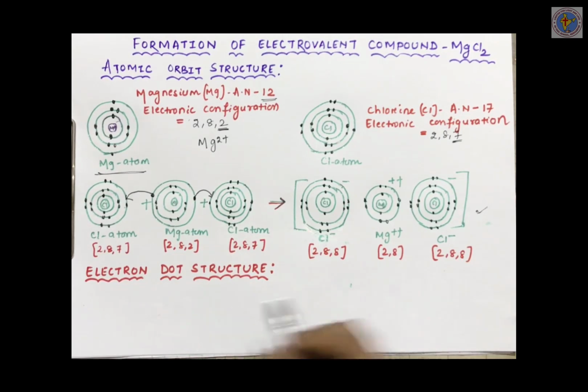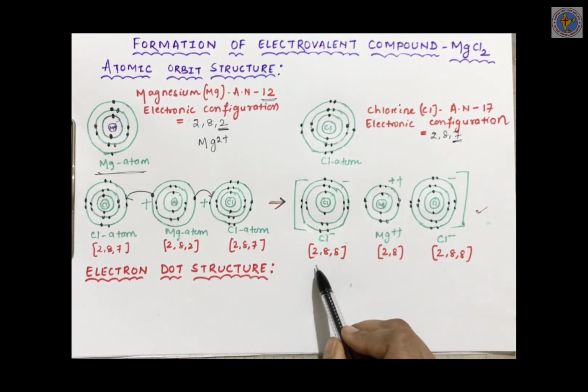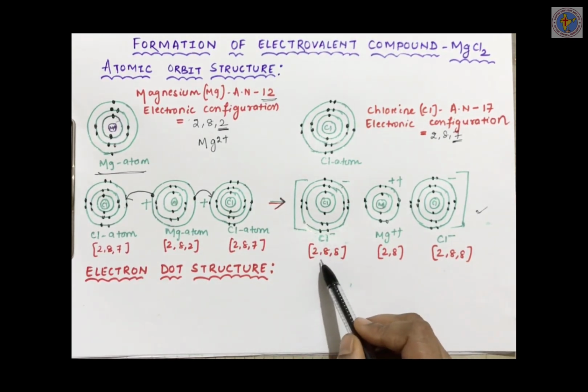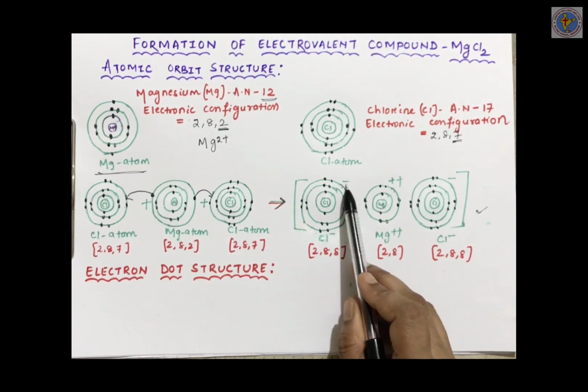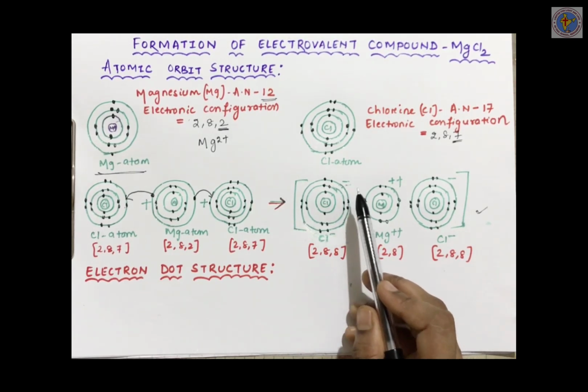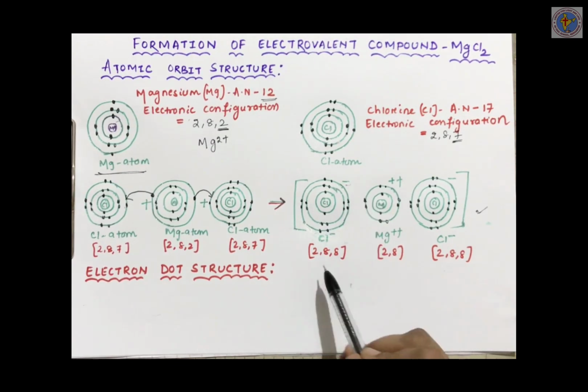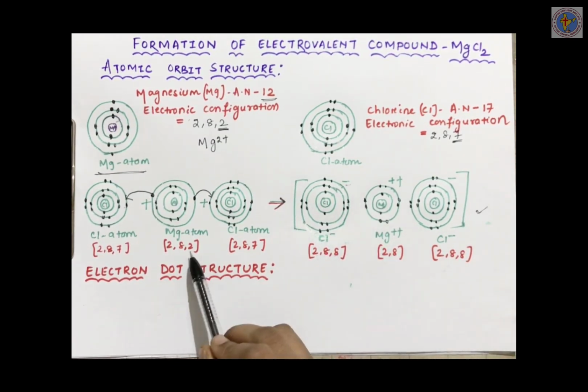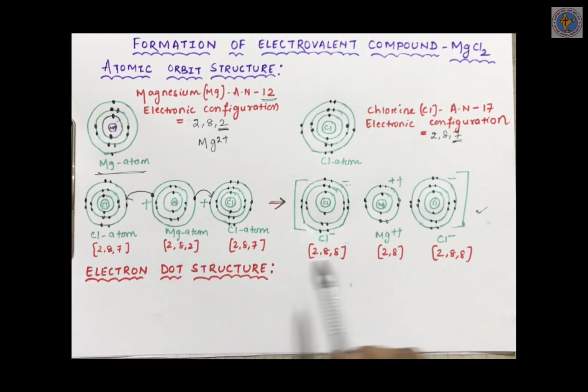See children, here it is written that after getting one electron, the chlorine atom will be converted into an ion. You can see the minus sign here. What does it mean? It means it's gaining one electron. So the electronic configuration is 2, 8, 8. Here magnesium is losing 2 electrons, that's why 2, 8, and here again 2, 8, 8.